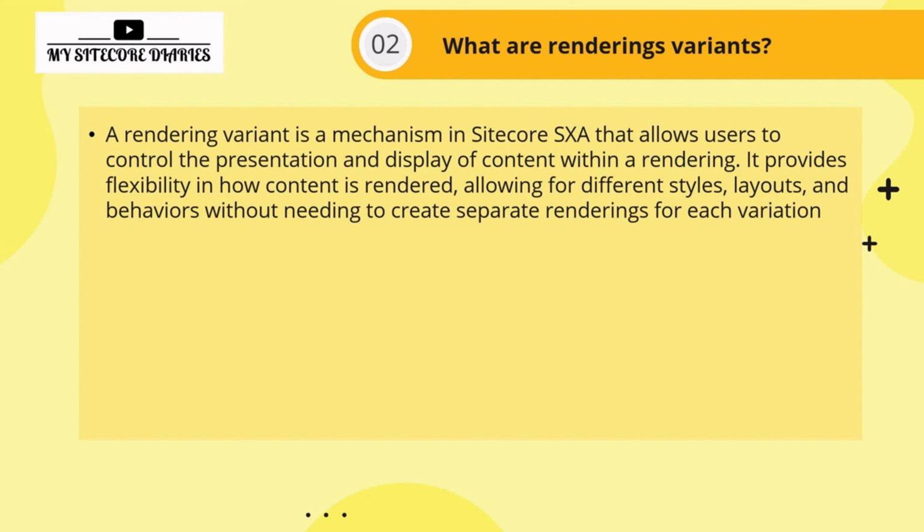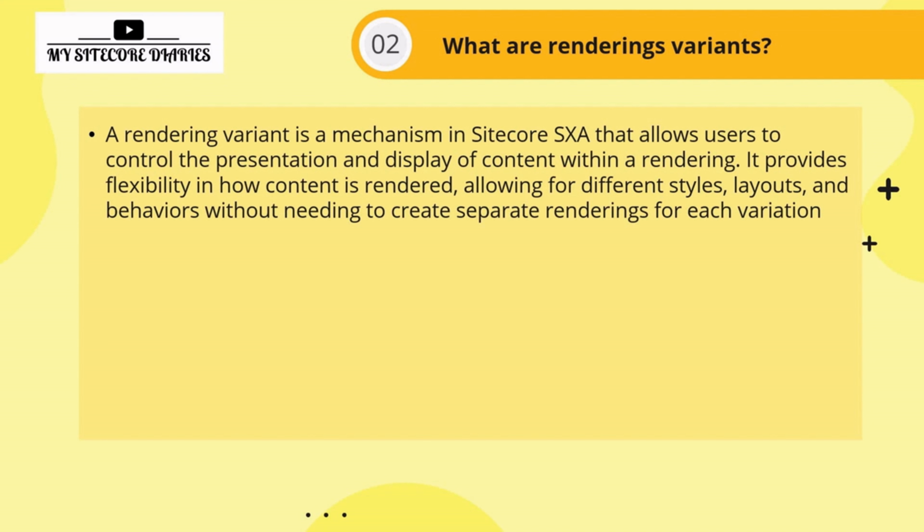You can represent that content in a different way, you can have additional data in that rendering. Your rendering can behave differently depending on different scenarios. Those are variants of your existing website component.